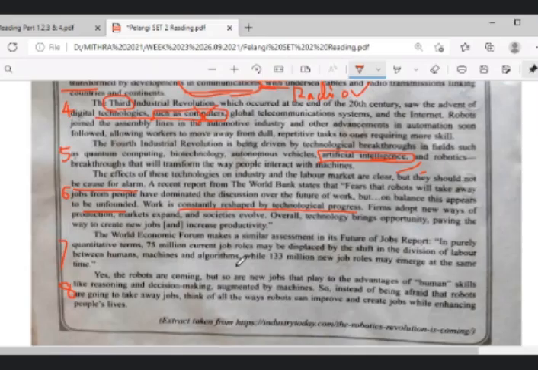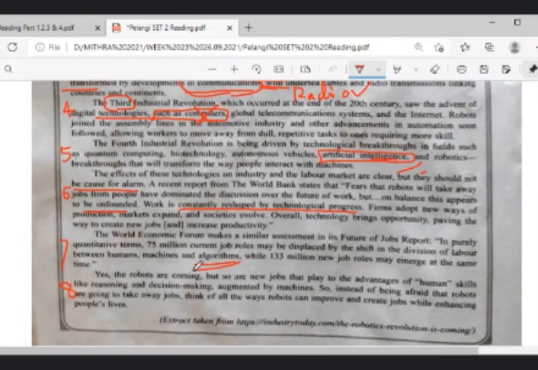Okay, so basically you are saying that there is a lot of division of labor between humans, machines, and algorithms. So when you look at this, it is something to do with data. The whole thing talks about data. When you talk about data, business specialists do not come in here. You are not talking about business. You are talking about data. But the question: data analyst, data manager, or data collector.